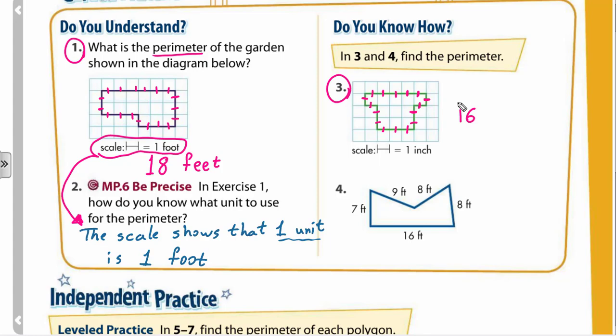Feet. I should write here 16 feet. What about the scale here? So we should use feet, right? Yeah. Okay. If you have any problems, my hero, you can watch the video in class here. Okay, Haider?